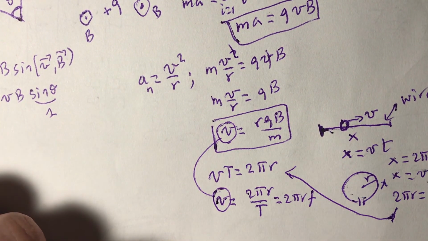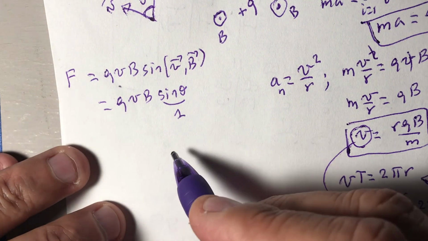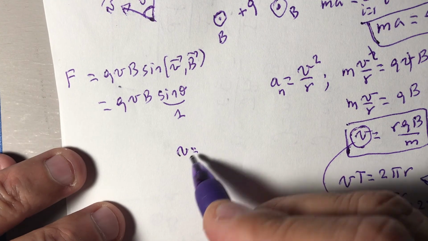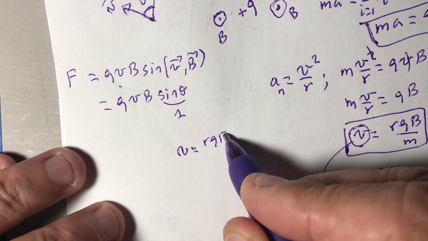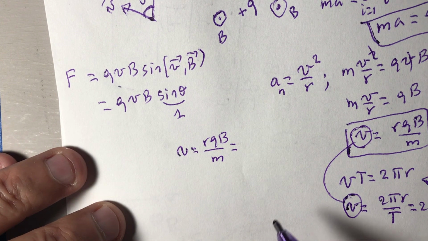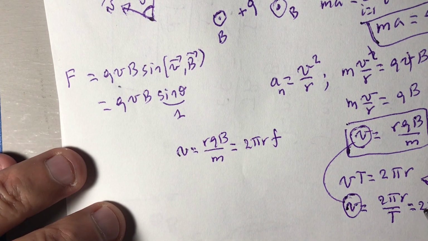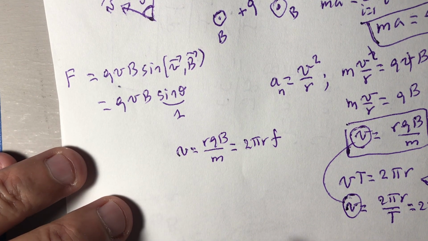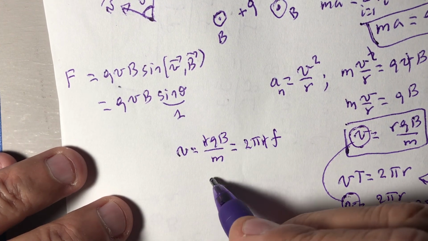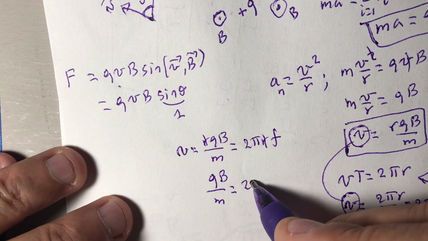They're equal to each other, so I put here v, or r qB over m, is equal to 2 pi r f. This equal to that, and we can cancel r, and we have qB over m is equal to 2 pi f.